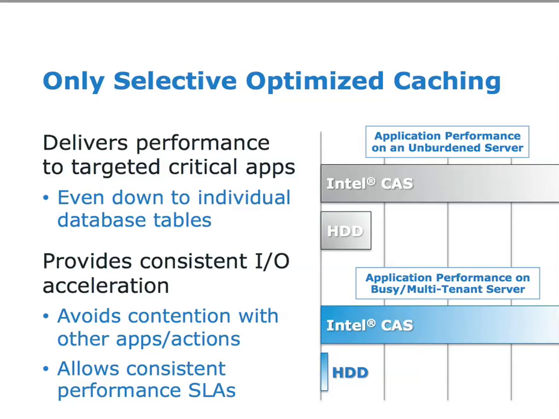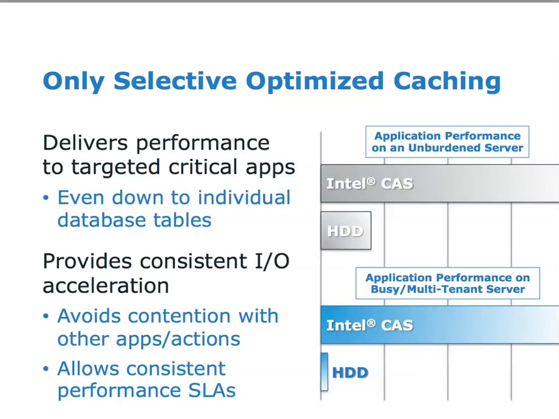Now, that's an extreme case. If an enterprise can take its SAN down to 5% of its efficiency, they have other problems. But for the purposes of this demonstration, it's perfect. We took the SAN down to 5% of its efficiency. The one application protected by Intel cache acceleration software went from 100% efficiency to about 95%.